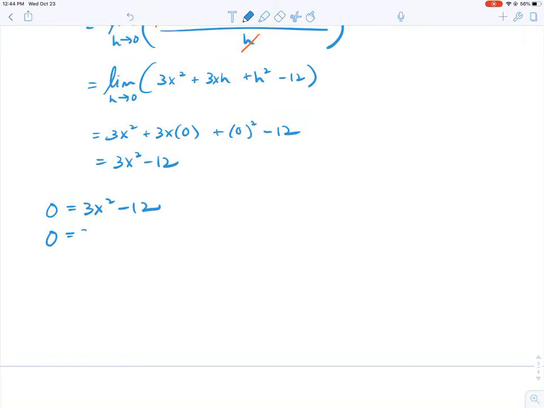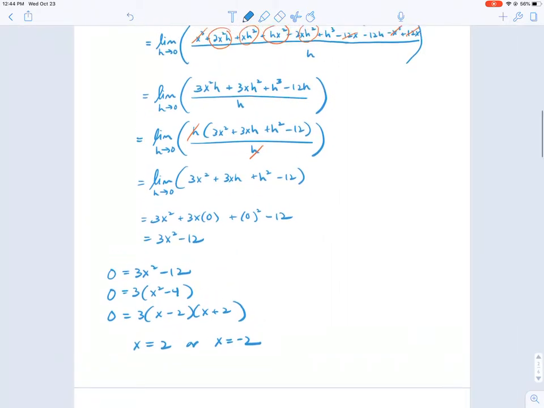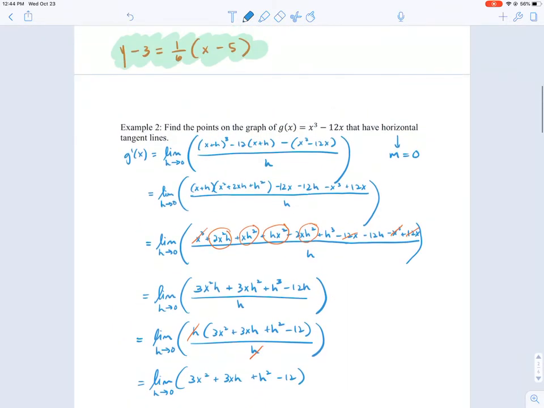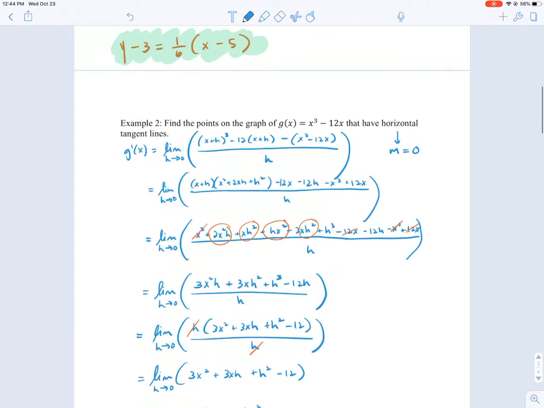So the GCF here is 3. And then that's a difference of squares, so x minus 2 times x plus 2. So x equals 2, or x equals negative 2. So those are going to be the two x coordinates where the graph has horizontal tangent lines.